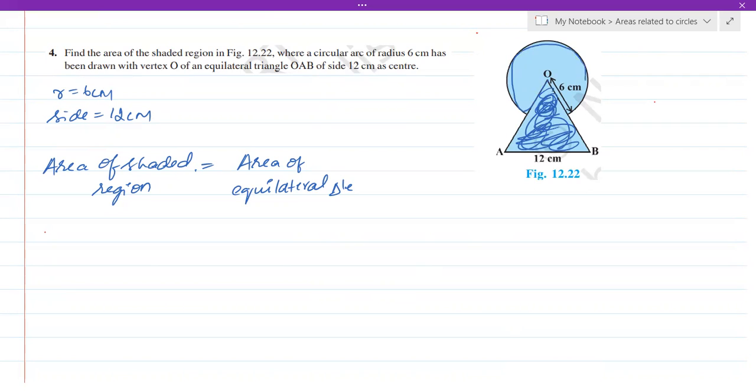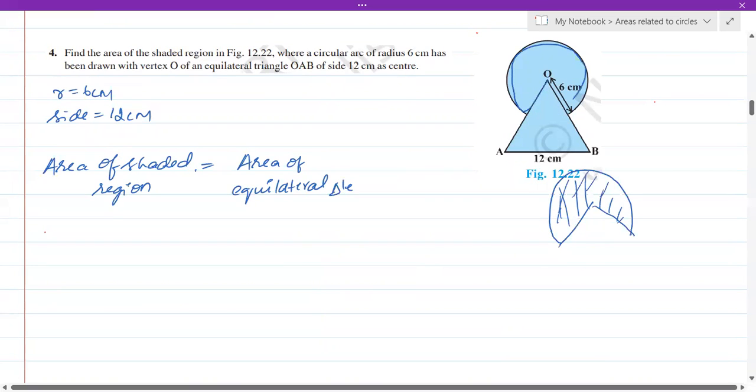This part, and the top part. See, this is how it looks, right? This is a sector, a major sector. The bottom one will be a minor sector, but we are not interested in it because that is already found inside the triangle. So we want this area. How do we find it?